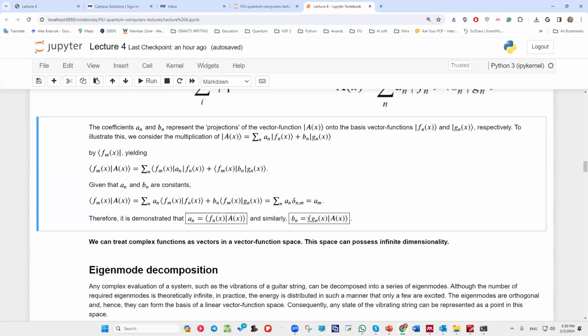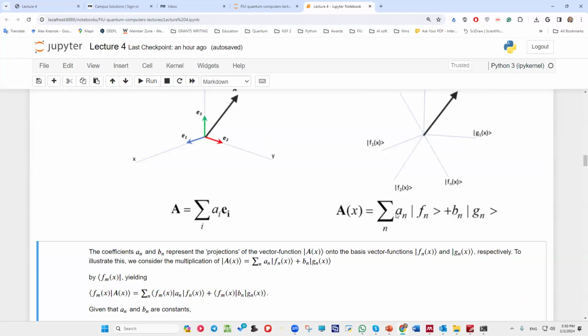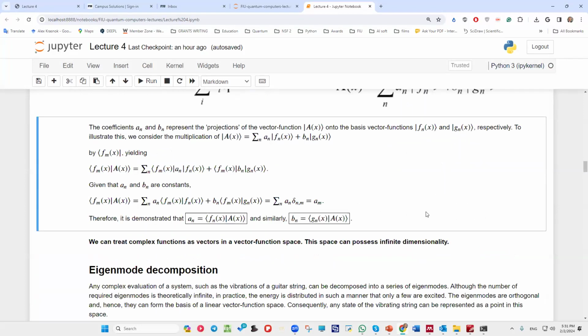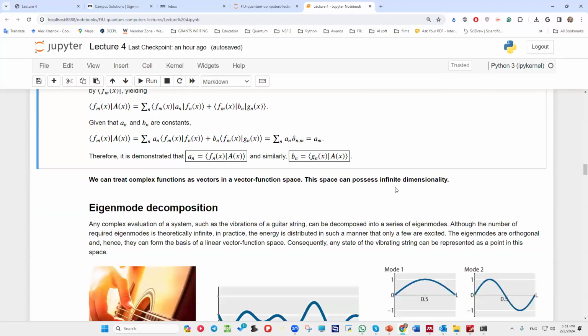And similarly for bn. So this way I can find an and bn in this expression here. So this Fourier transformation is well defined now.